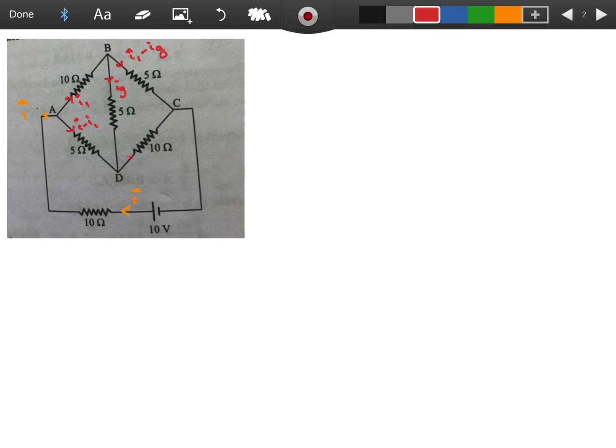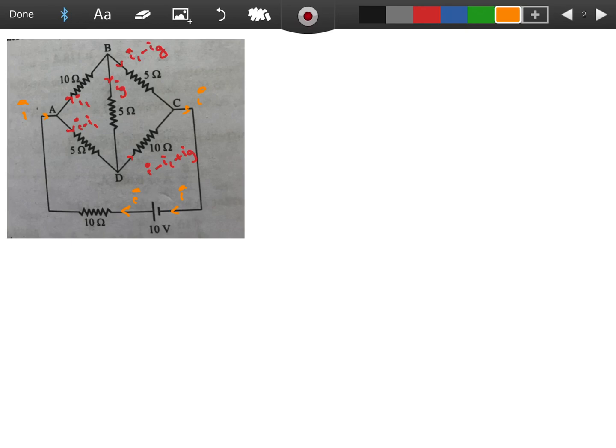In this I minus I1 plus IG, that's it. Then here how much current out means same current I. In previous page I derived the same thing.